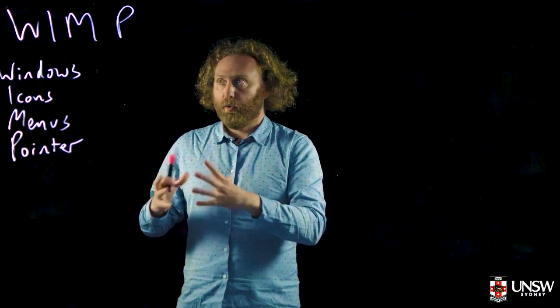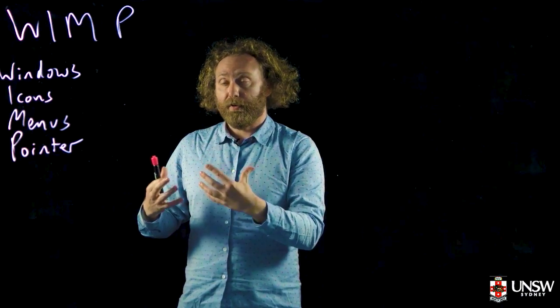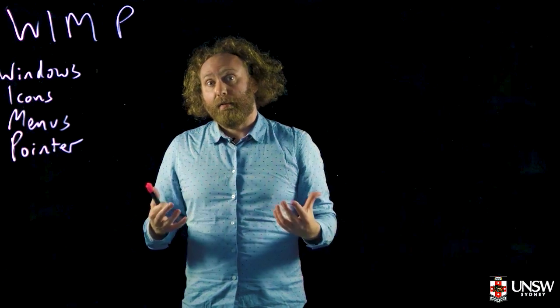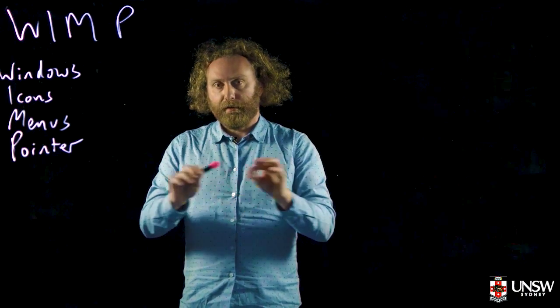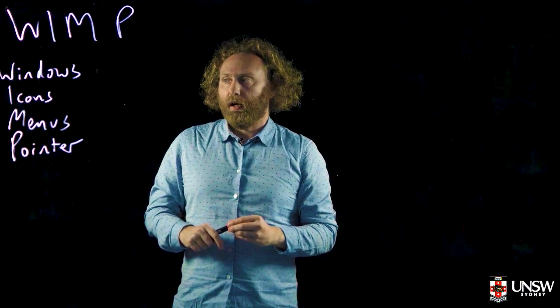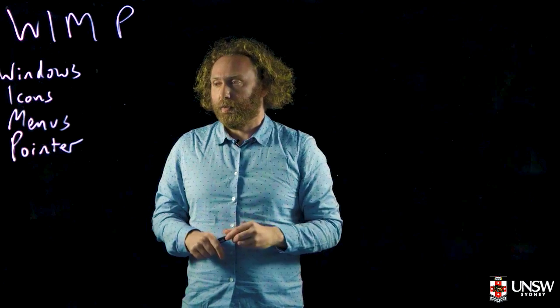There are other forms of interaction and interface design within computer systems. For example, we can have entirely command line based interaction. So think of a Unix terminal where you type commands. That's the older pre-WIMP form of interaction and is still used in many situations.